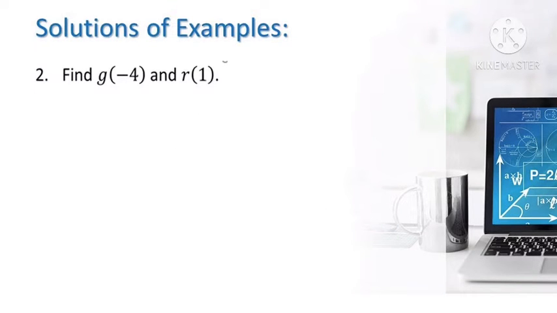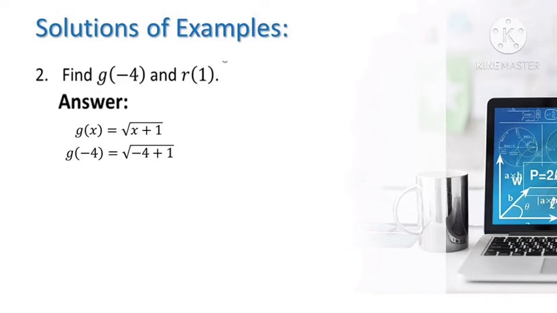Now, for number 2 example, find g of negative 4 and r of 1. Our answers for this are as follows. G of x is equal to the square root of x plus 1. Replacing x both sides with negative 4, the function g of x becomes g of negative 4 is equal to the square root of negative 4 plus 1, which is equal to the square root of negative 3.